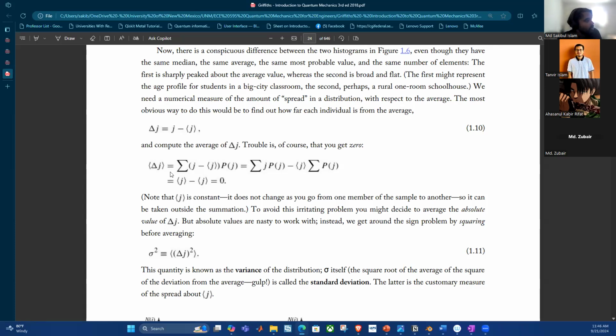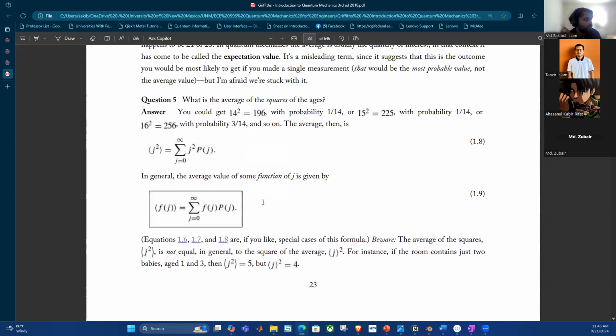Okay. From this symbol we can say we want to find the average of the spread, that is delta j. That means the summation of delta j multiplied by the probability of j, the probability of that variable. This is the function we defined.